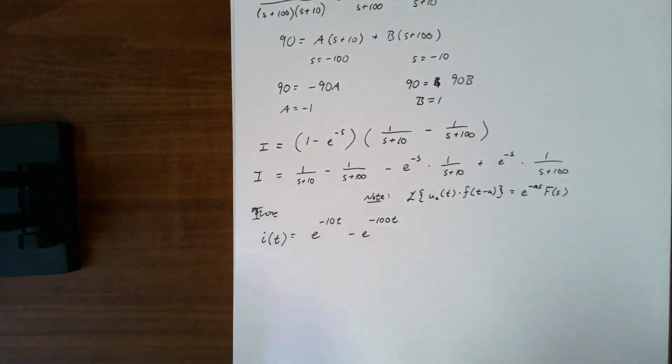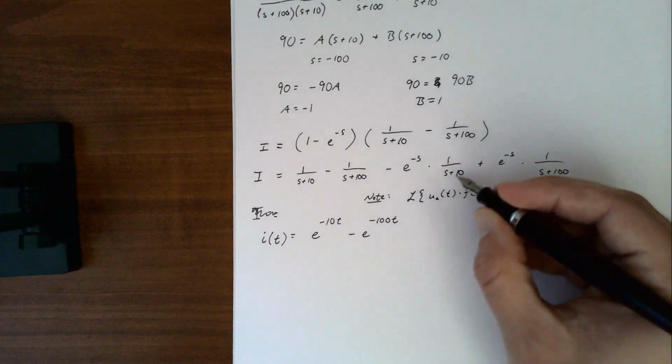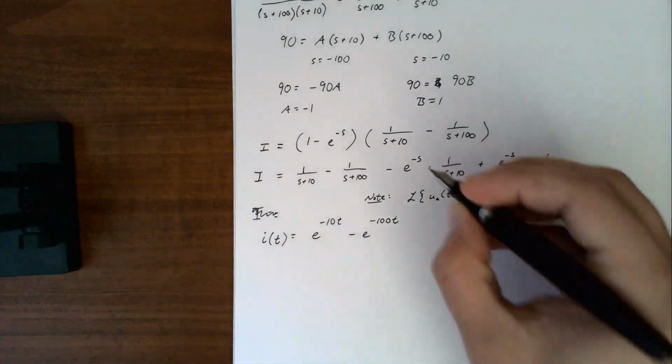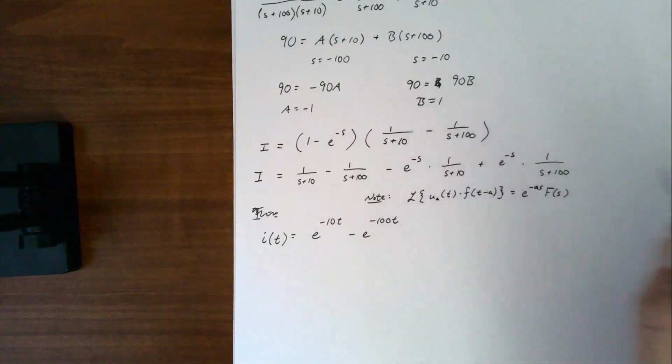So that's what we've got here. We've got a known Laplace transform times something of the form e to the negative as, where a here would be 1.